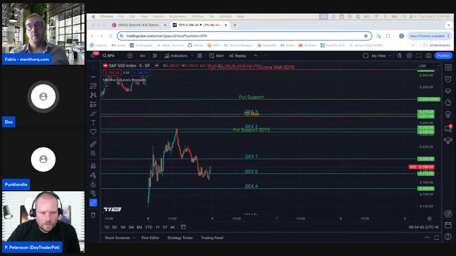There's not even an inflection point level. Patrick and I, although our approaches are different, look at reaction zones or blind spots or levels where we expect something to happen. And yesterday with VIX, there was really no level. It was just where is it going and what is it doing?